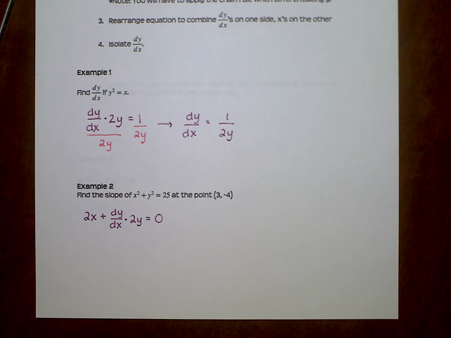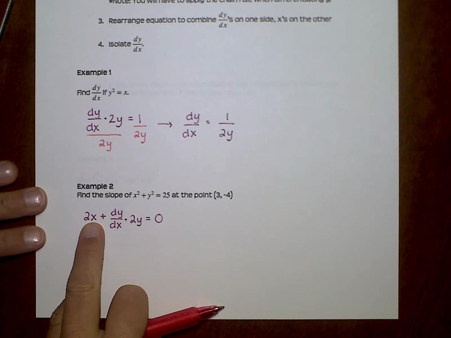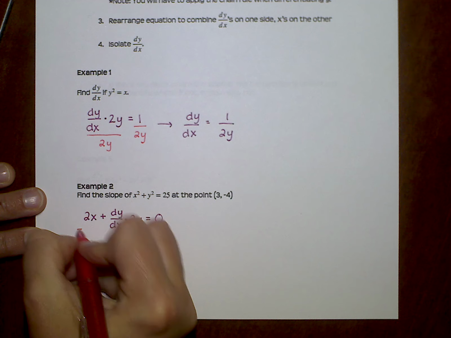And now I want to get everything moved so that dy/dx is by itself. I'm going to start with this thing that's being added on. I'm going to subtract this from each side.